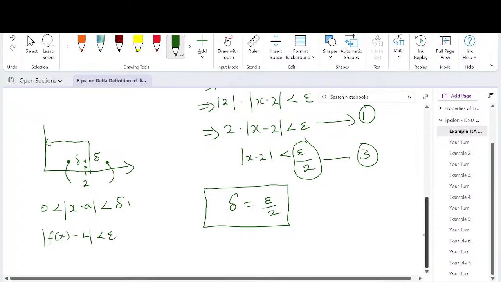So if this one exists, then automatically this will exist. Now we've got the value of our delta, which is epsilon over 2, so we'll get the limit automatically. That is what we're saying.